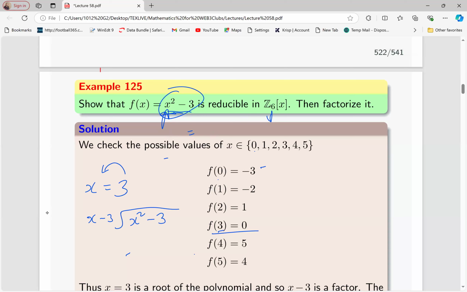What do we call this? This is a factor. x minus 3 is a factor of the polynomial.